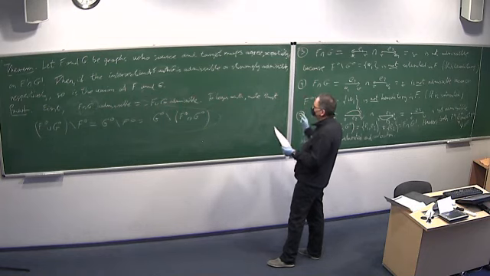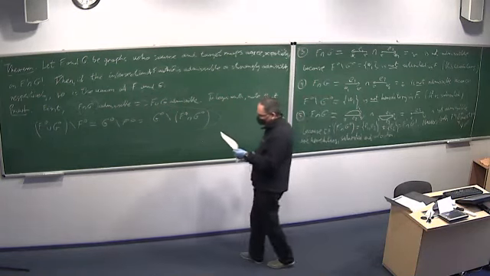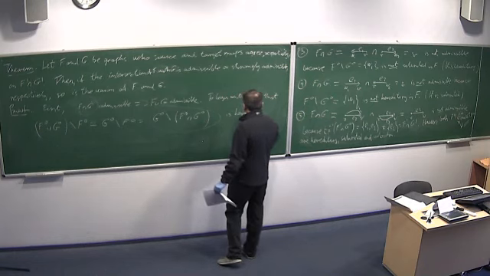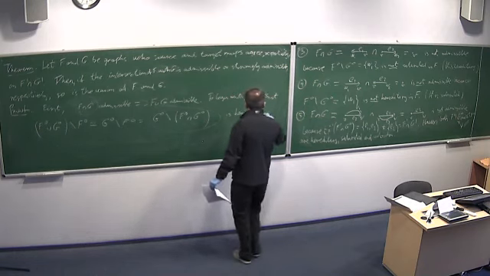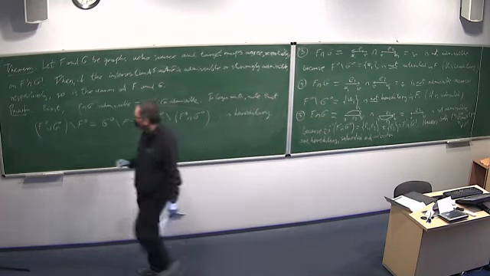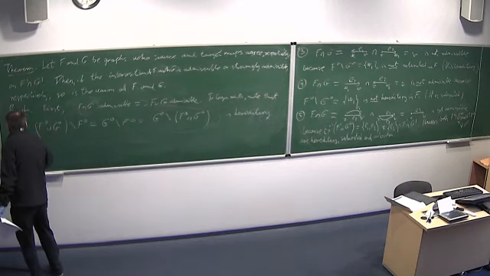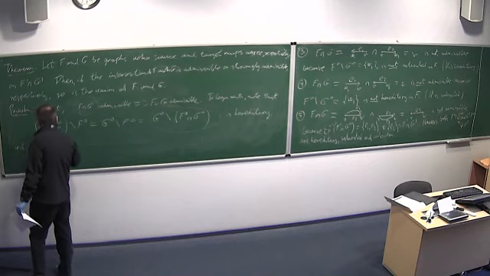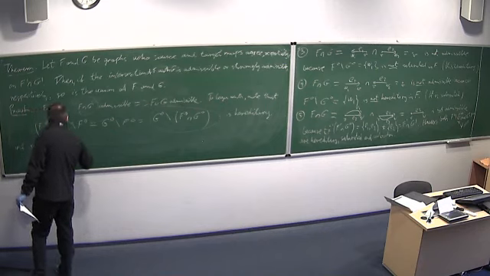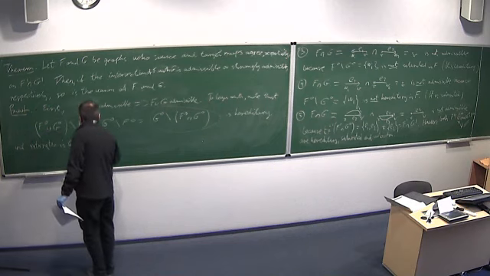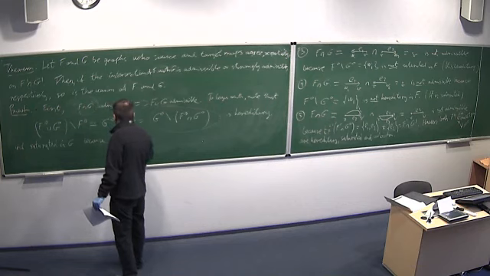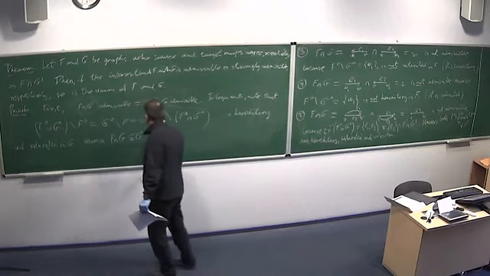To begin with, we note that this is hereditary and saturated in G, because F intersect G in G is admissible.